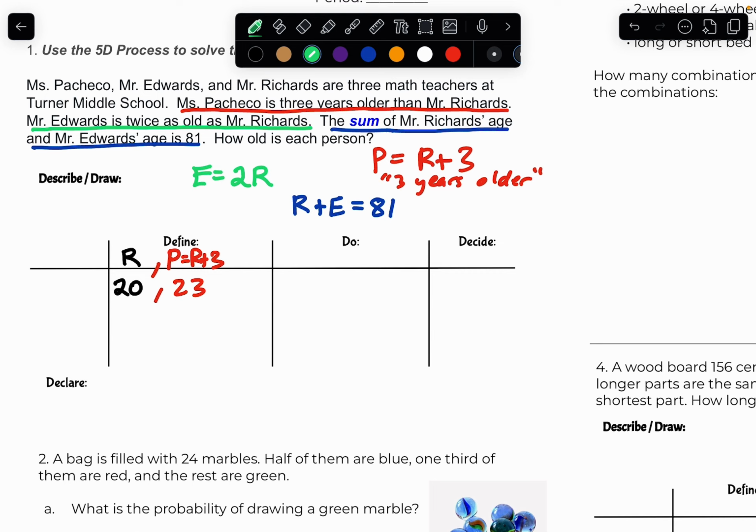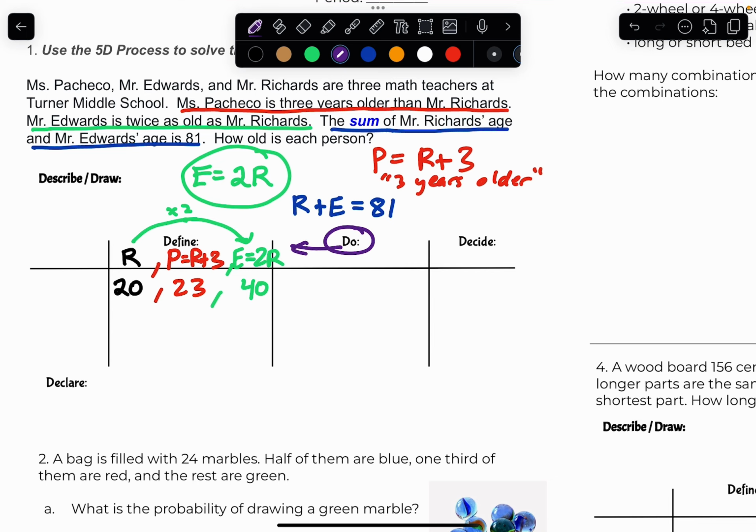And then, to find out Mr. Edwards, we just have to do the green equation, which I have written here. That's going to be twice as old. So if I do 20 times 2, I would get 40. Notice I am doing some of the do section in this part, but I'm going to save the do section for where I have to add the ages.